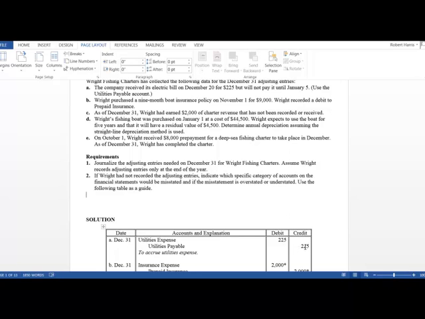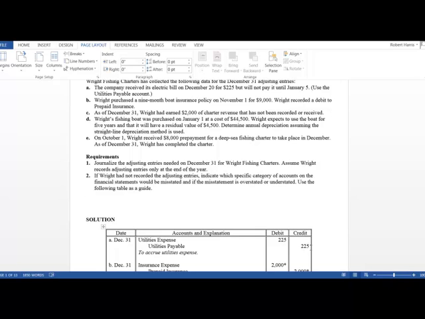So we have an increase in a liability and we have an increase in an expense. If we forgot to make this adjusting journal entry, then that means that our payable, this should have happened. Our payable just went up by $225. So if we did not make this, that means our liabilities would be understated, meaning less than what they should have been. Let's just say beforehand we didn't have any utilities payable.